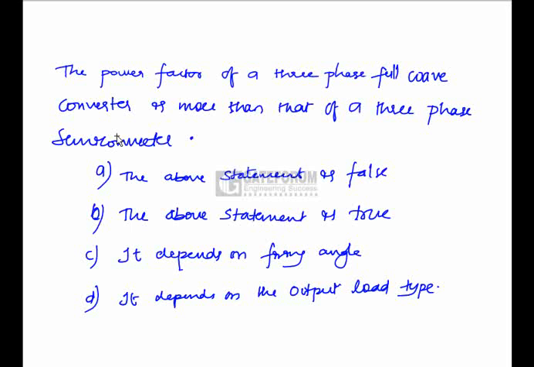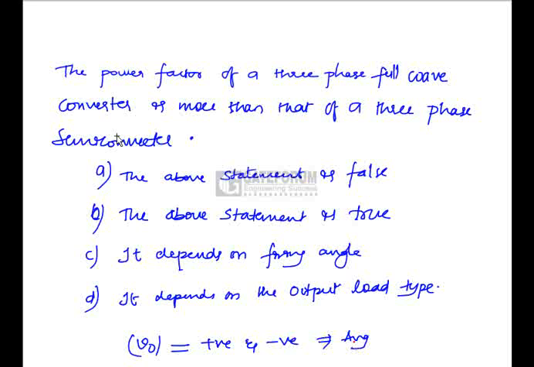Power factor of a three-phase full-wave converter is more than that of a three-phase semi-converter. Now he has given a question like that. So what is the answer for this one? If you see three-phase full-wave converter, the output average voltage, this is V0, will be in positive area and in negative area. What does it mean?